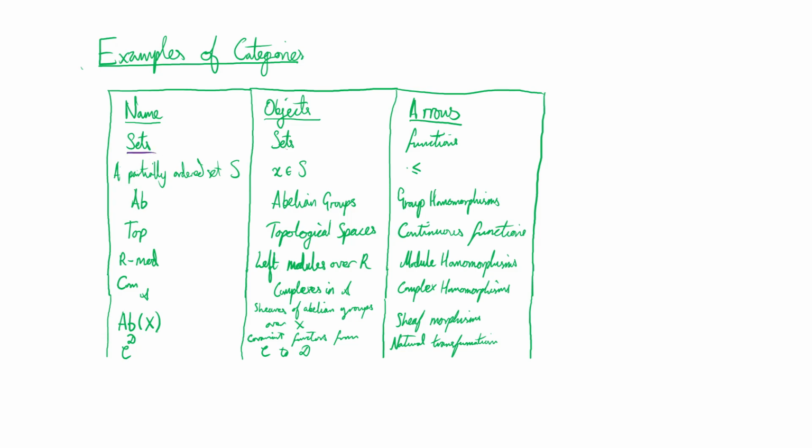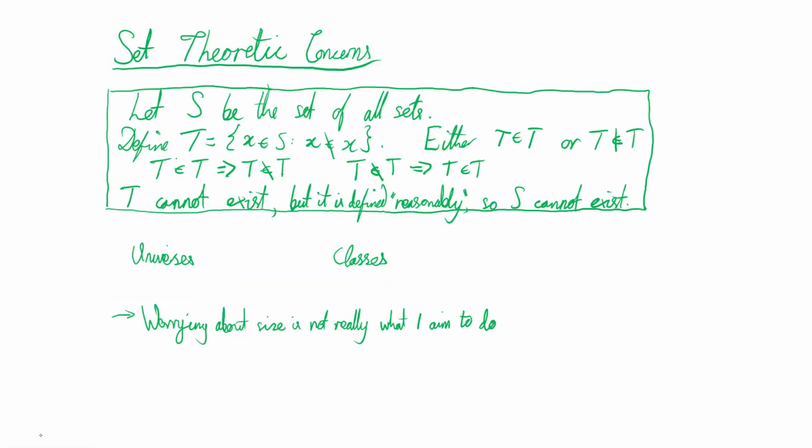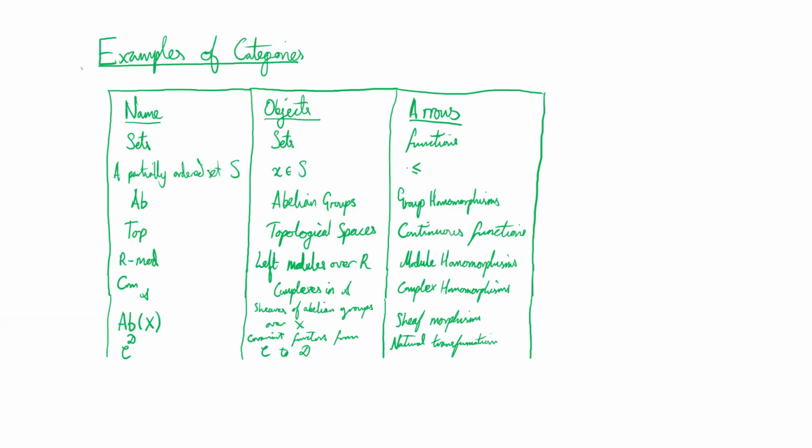So this is a very important category. Basically all of these have what is called a forgetful functor, which means that each of these is basically just, you can pull it back to the category of sets. You can't always, but you realistically can, for most things.